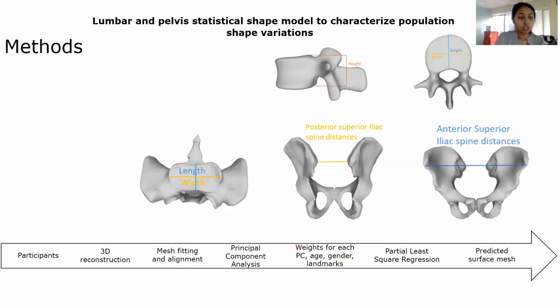Then, based on the PCA outcome, we extracted weights from 70 principal components and imported them into a partial least square regression algorithm.